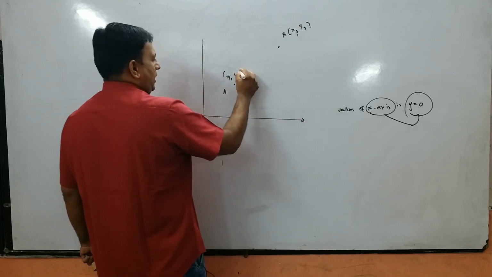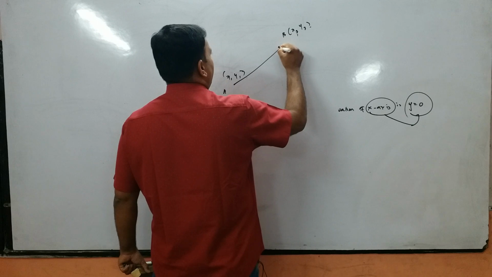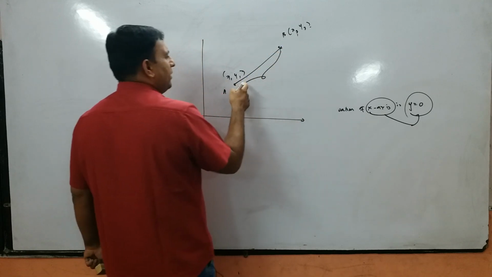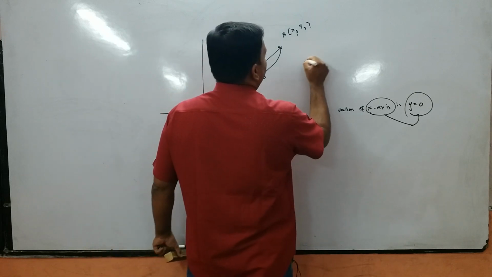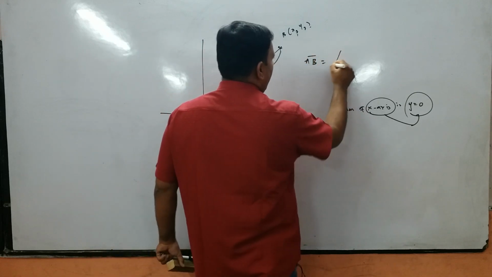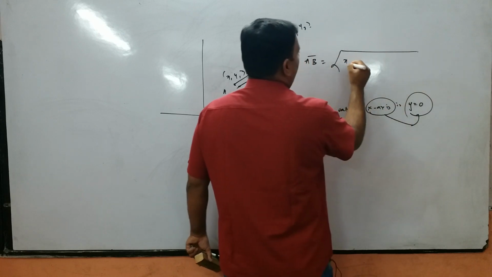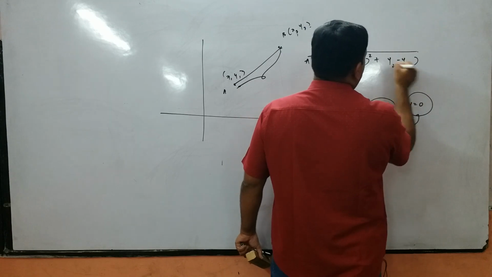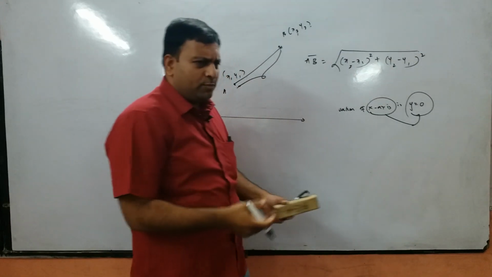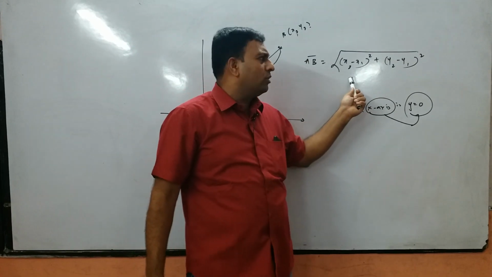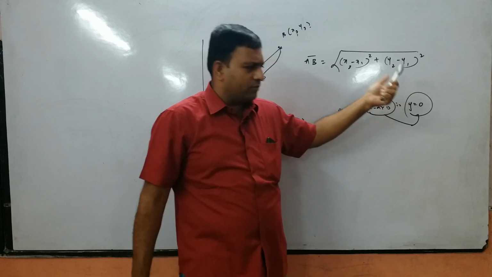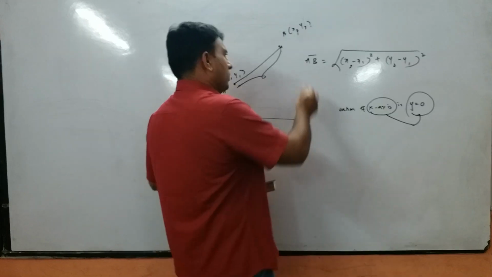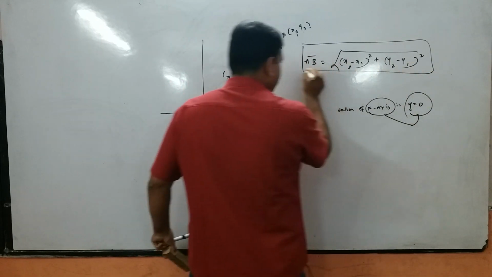If I want to find the distance between these 2 points, then there is a formula called the distance formula, and it is given as under root of x2 minus x1 whole square plus y2 minus y1 whole square. In some textbooks, it is written as x1 minus x2 whole square plus y1 minus y2 whole square. It doesn't make a difference because the square is there, it will be positive. So this is the distance formula.